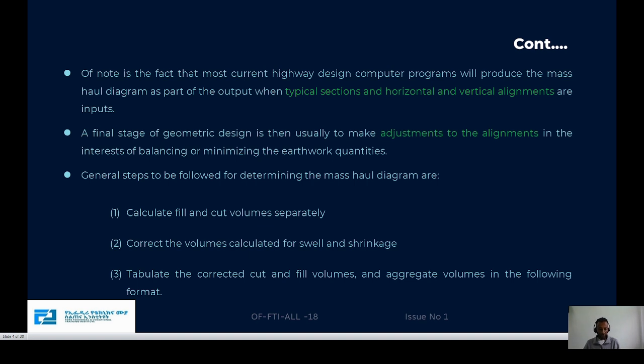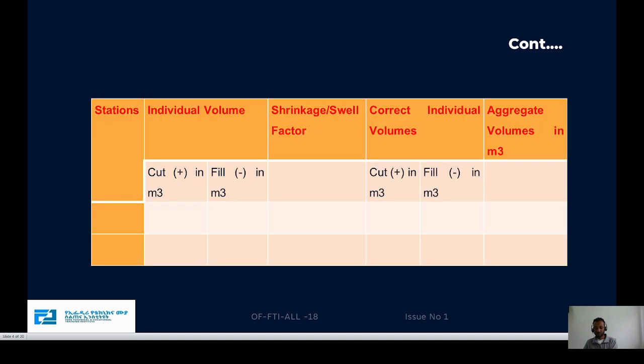Swelling and shrinkage factors are then applied to correct the volumes. The swelling factors relate to the cutting volume, and the shrinkage factors relate to the filling. Then tabulate the corrected cutting and filling volumes and aggregate the volumes in the following format.